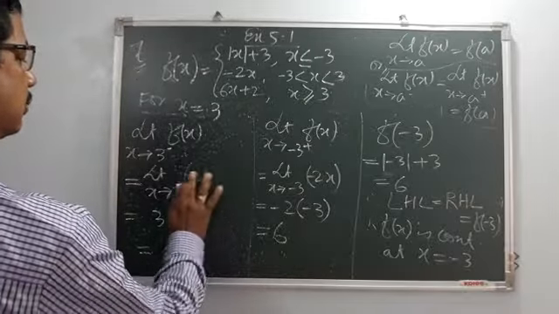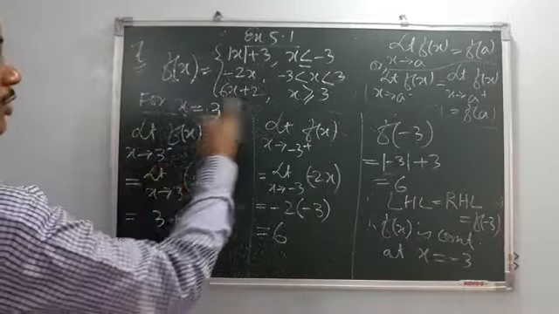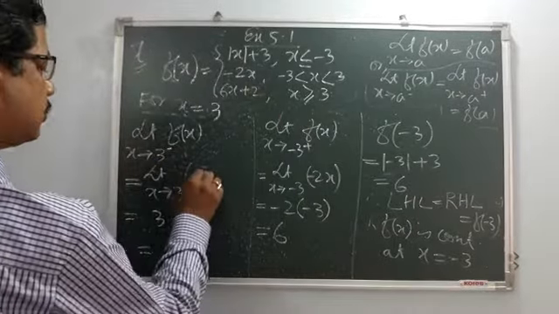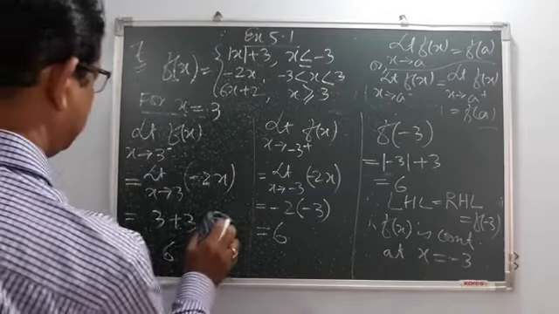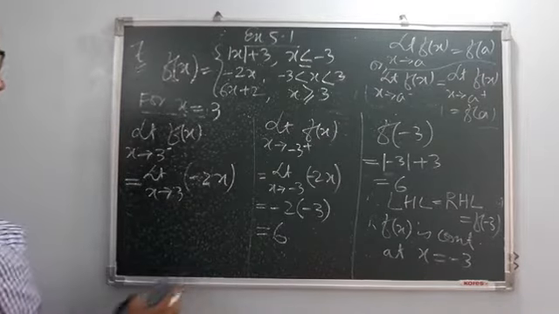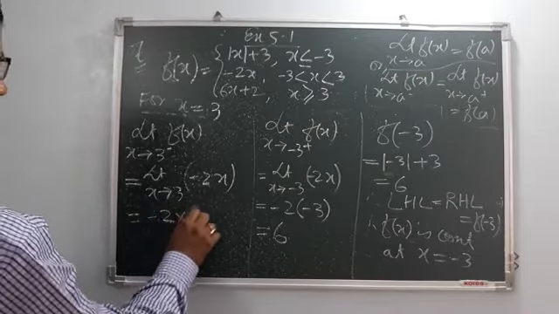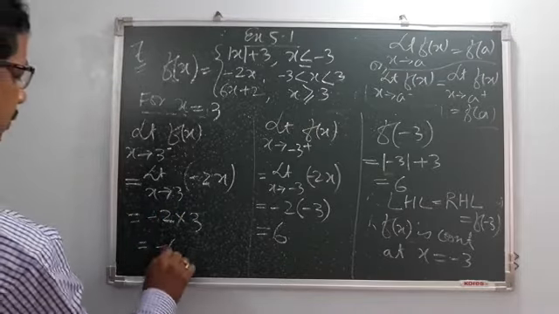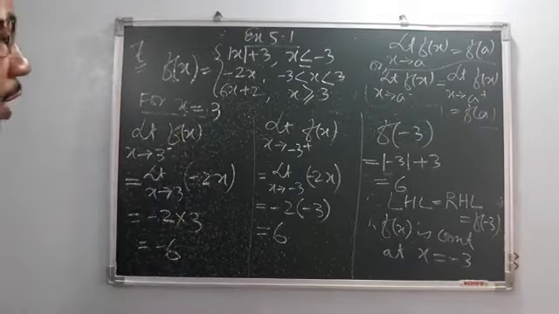Since it is 3 minus, meaning little less than 3, it is minus twice x. So if we put 3, this will give minus 2 into 3, that is minus 6. This is our LHL for x equal to +3.